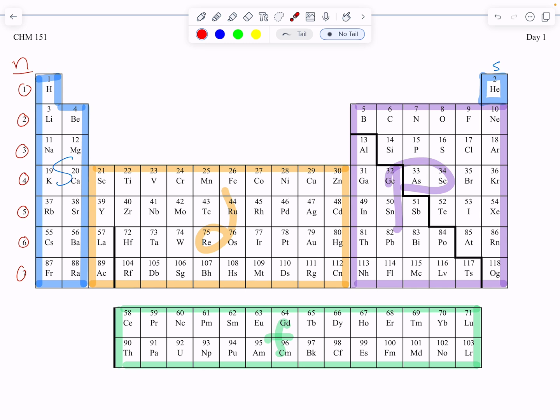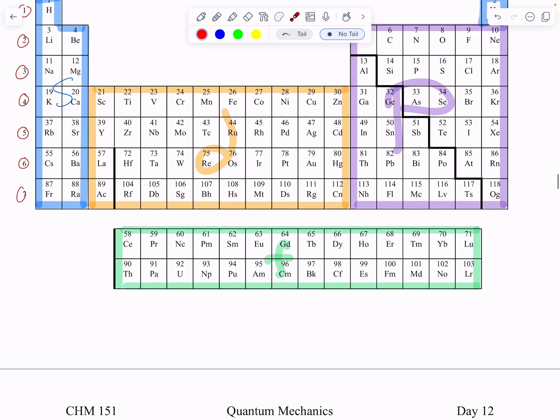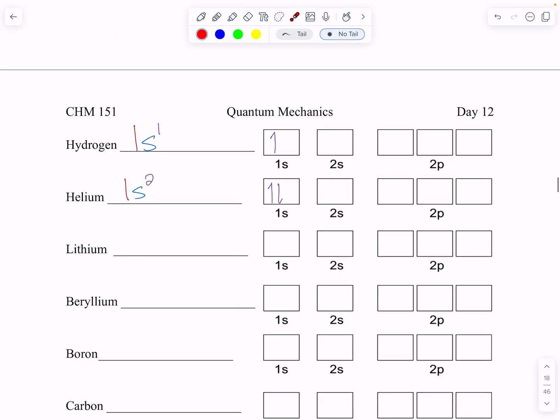There's 5 orbitals, which is 10 electrons, 10 elements. 1, 2, 3, 4, 5, 6, 7, 8, 9, 10. And F has 14, and there's 14 across there. So how many boxes? It's the number of elements divided by 2, if you want to memorize it that way, however you want to remember how many boxes, but S's have 1, P's have 3, D's have 5, and F's have 7.